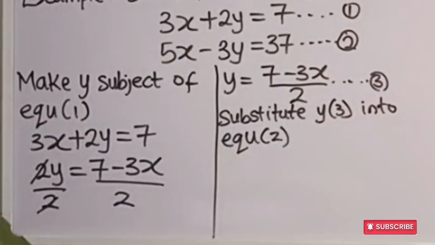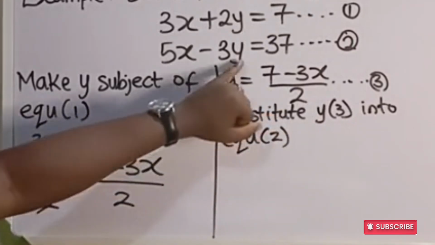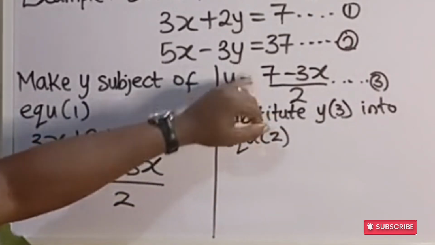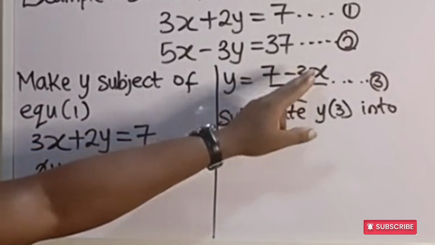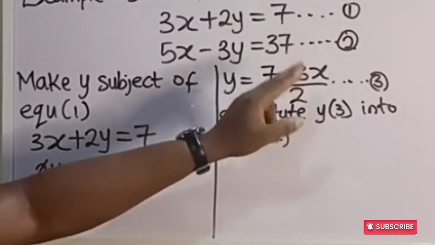So what does this mean? Substituting y in equation 3 into equation 2 means wherever I see y in equation 2, I'm going to replace it with 7 minus 3x all over 2, because y is equal to 7 minus 3x all over 2.